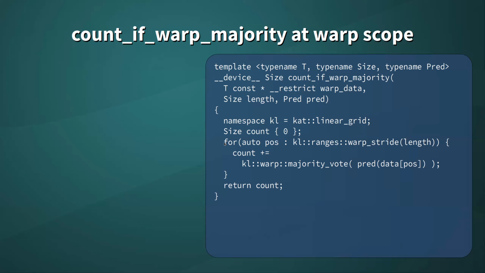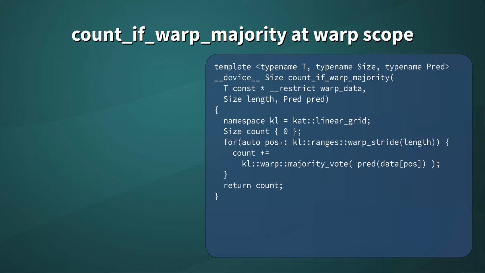And then it has a loop. If we weren't writing a device function, if we were writing this just on the host side, then the loop would simply go over each element, each consecutive element, apply the predicate, and use that predicate.